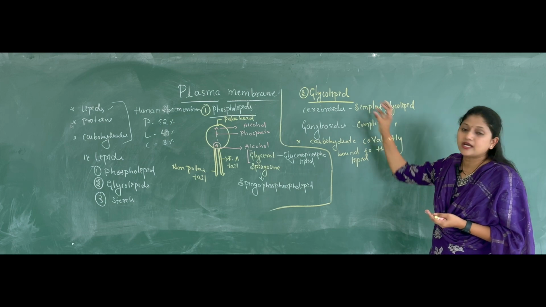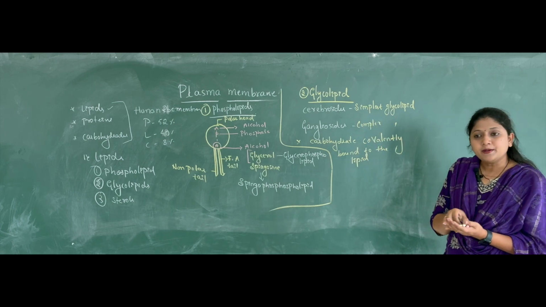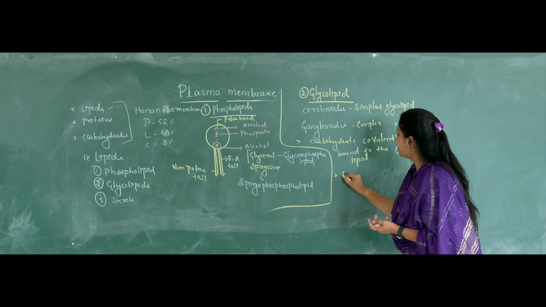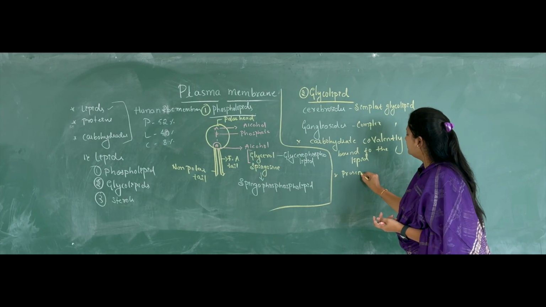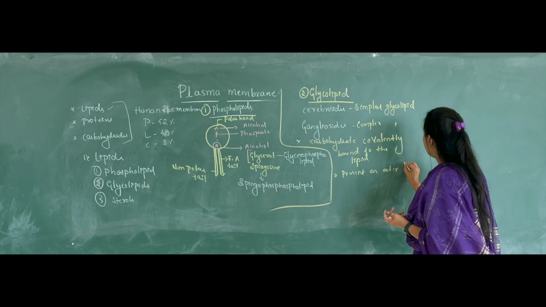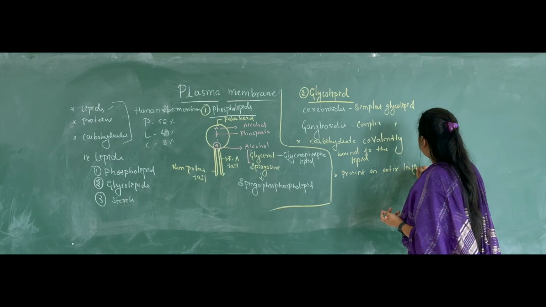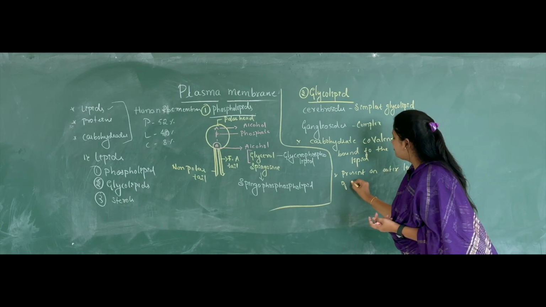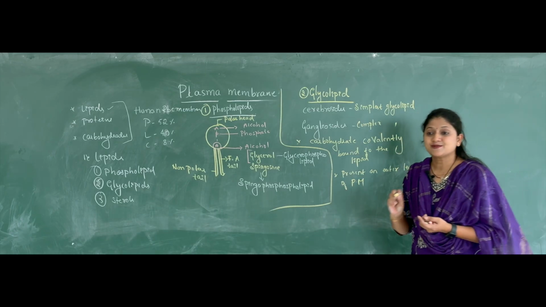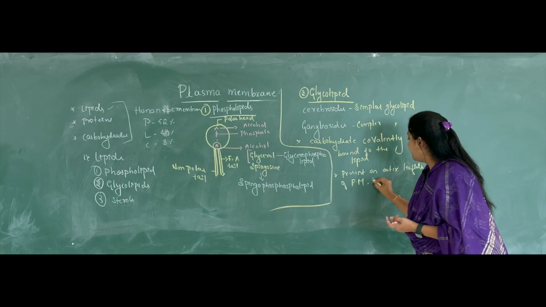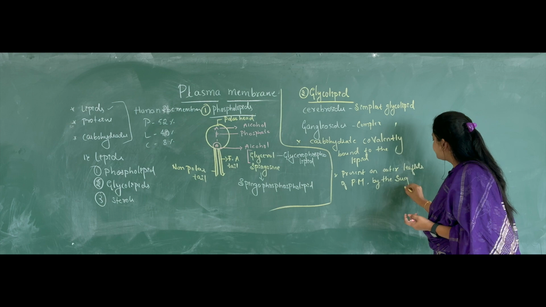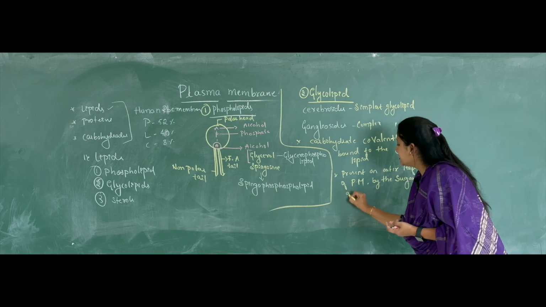So that structure we call a glycolipid. And remember, these glycolipids are usually present on the outer leaflets of the plasma membrane, by the sugars getting exposed.